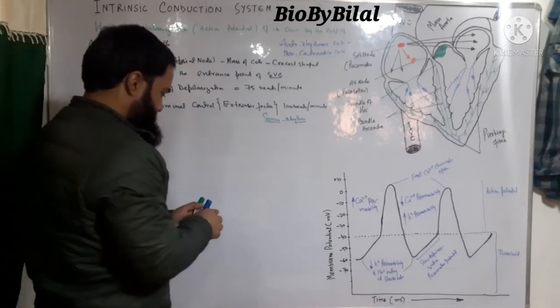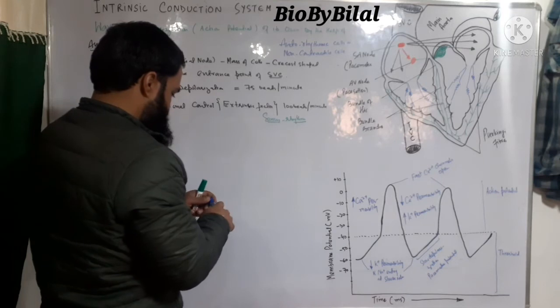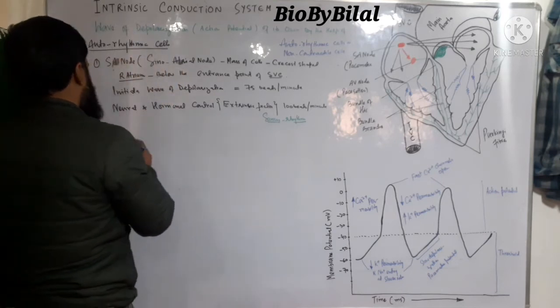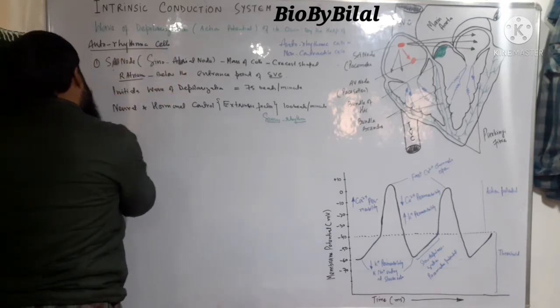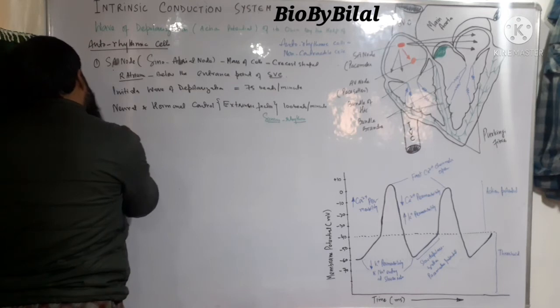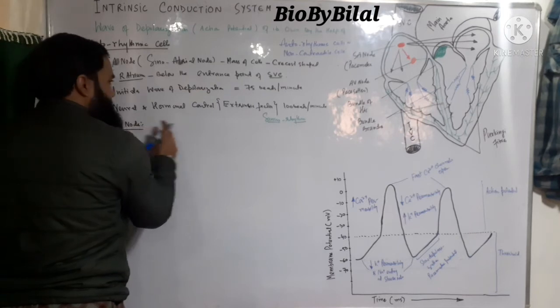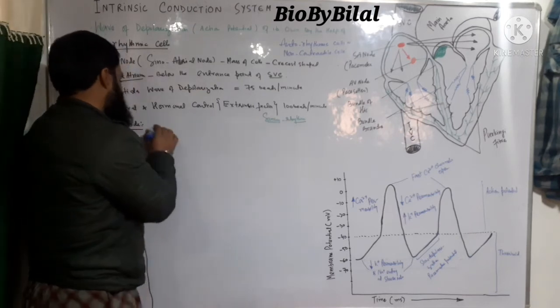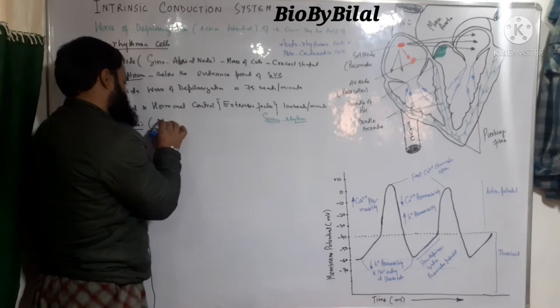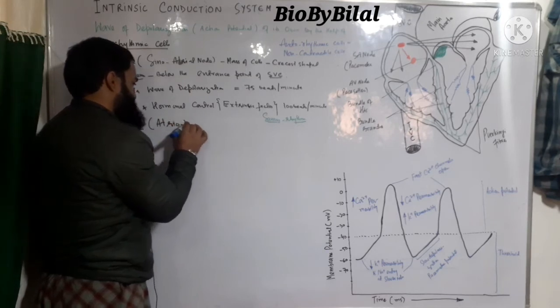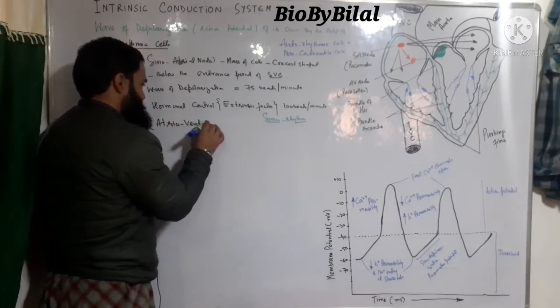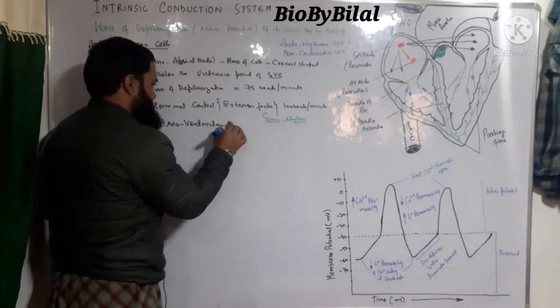Then here is another node that is called the AV node. AV node, also called the pace setter, it is actually called the atrioventricular node.